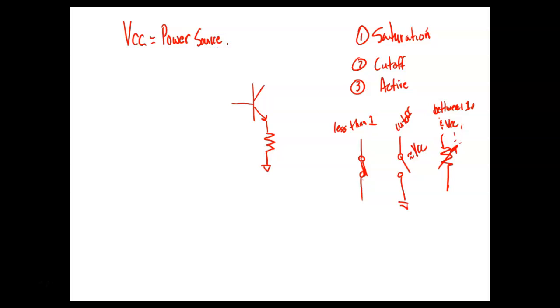This VCC is VCC. So I could come over here and put a resistor, and then I could come up here and put a minus 12 volts. This would be VCC. That's the power supply that's connected in the collector circuit.